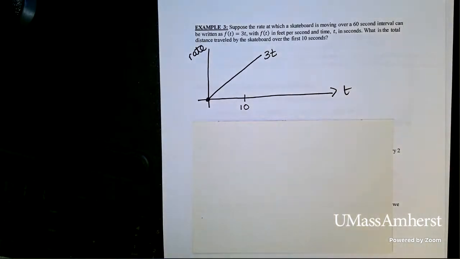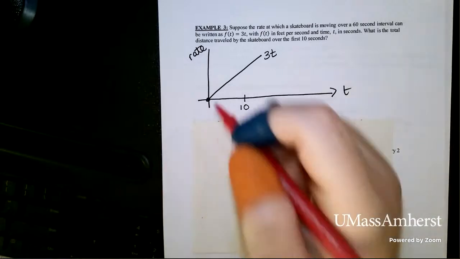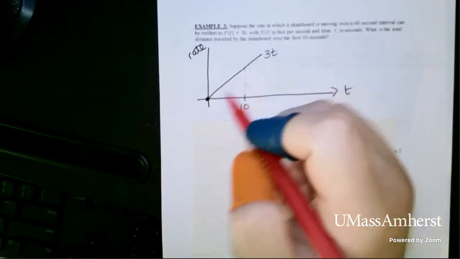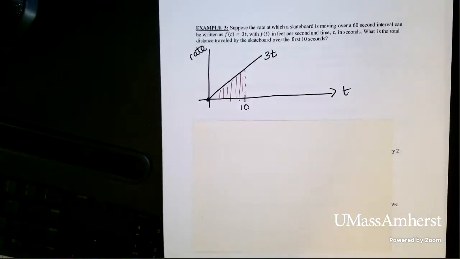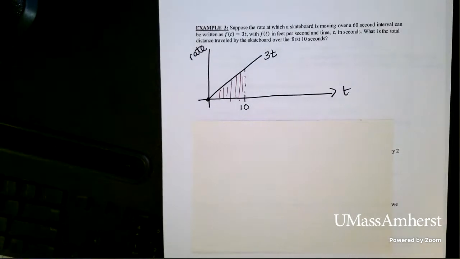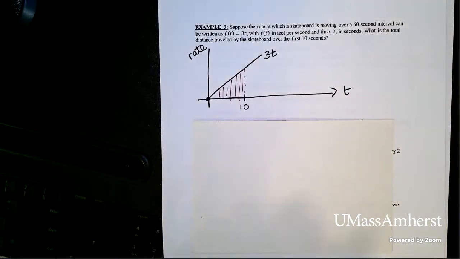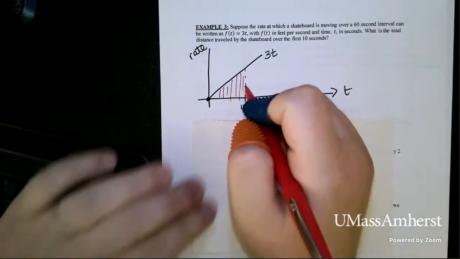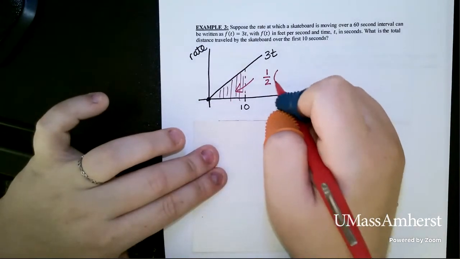So if we follow what we did before and we look for area under the line, it turns out that instead of a rectangle, we end up with a triangle. And triangles are also a geometric shape that we can work with. So as a reminder, the area of a triangle is 1/2 base times height. So we would have 1/2.